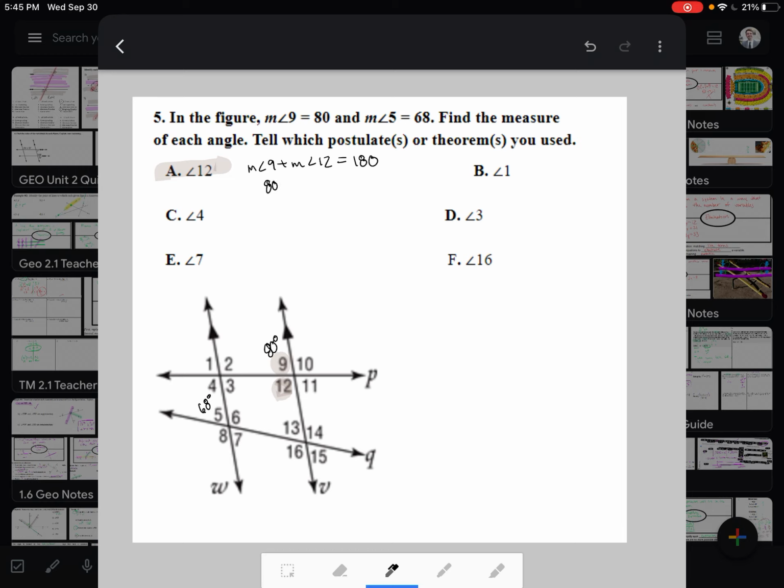Angle 9 equals 80 degrees. We don't know the measure of angle 12, so we'll call that x. And then our total is still 180. So we can solve and see that this is 100 degrees. So the measure of angle 12 equals 100 degrees.